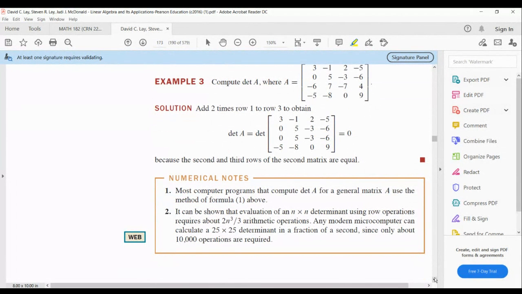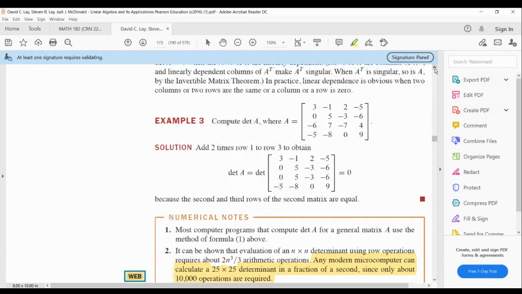Look here, the numerical notes. It can be shown that any modern microcomputer can calculate. Well, there's a little more to it than that, but basically it boils down to if you can get the matrix in echelon form, then it greatly reduces your operations, and any modern microcomputer can calculate the determinant in a fraction of a second if you use the specific properties.